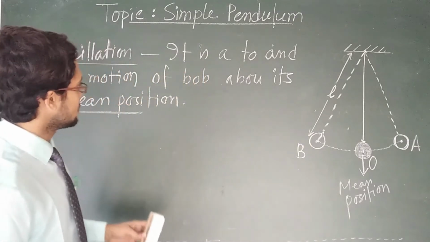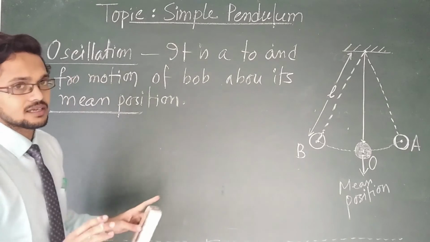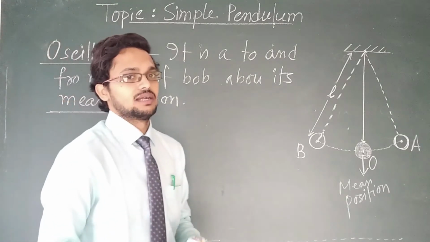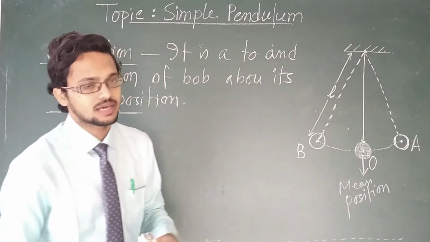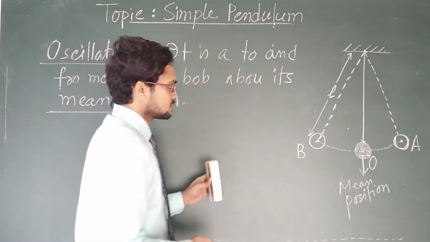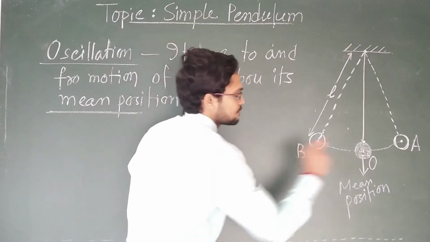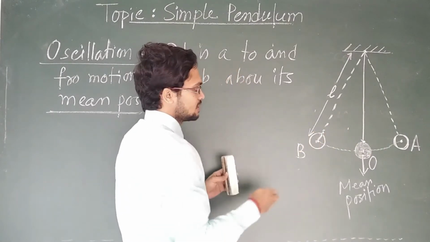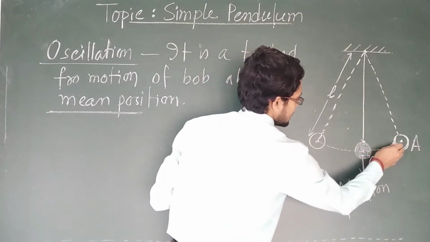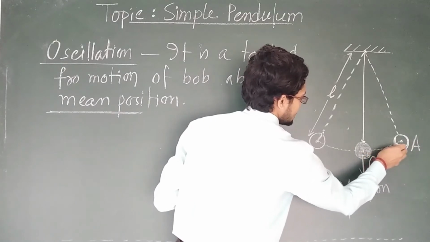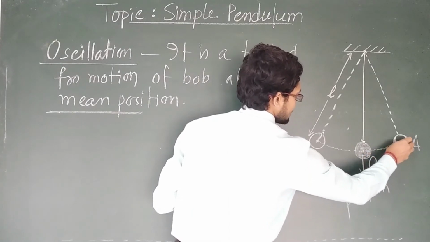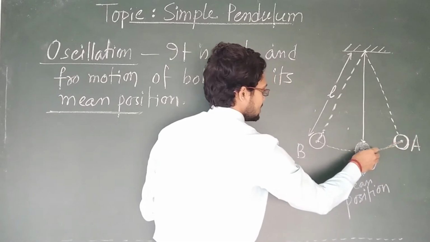Now, what does one oscillation mean? Suppose the bob has started from this position. You give a force, and the bob will move in this way. It will reach one extreme point, then come back.